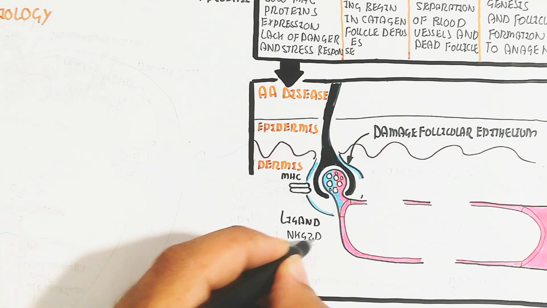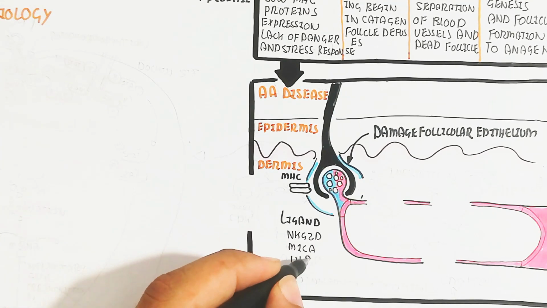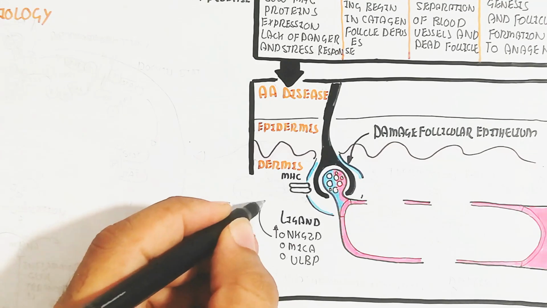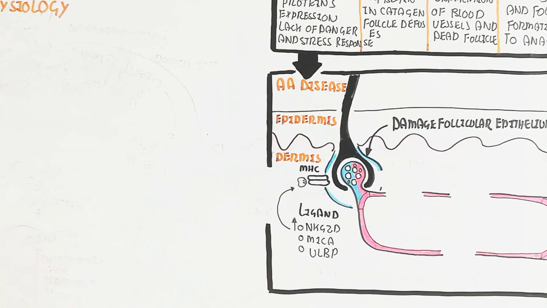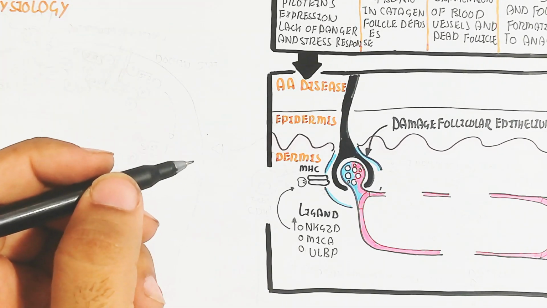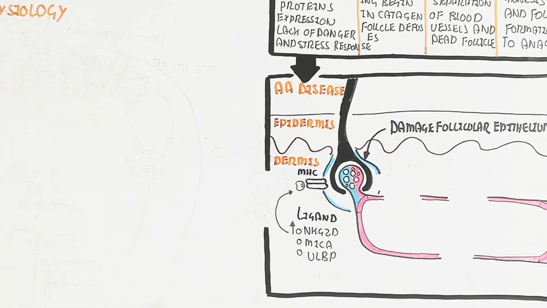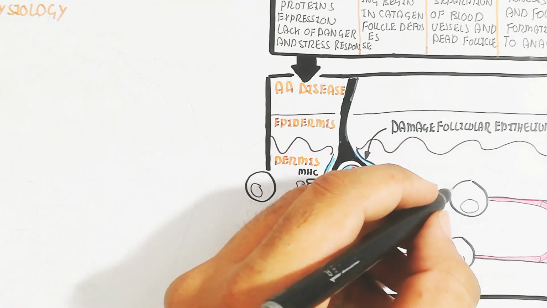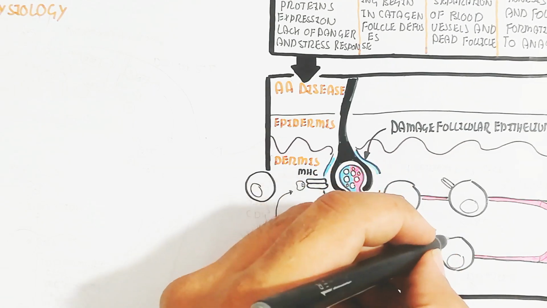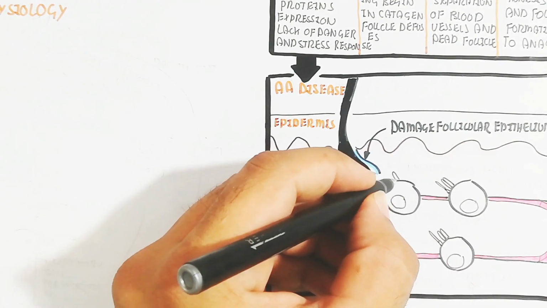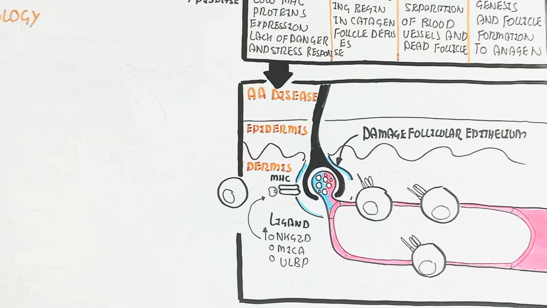In this way it will damage the follicular epithelium, and it is due to some factors, but the factor is unknown. Ligand can bind NKG2D, MICA, and ULBP.